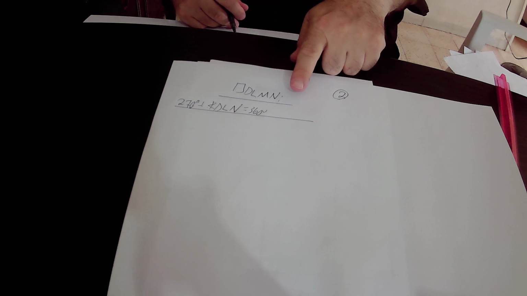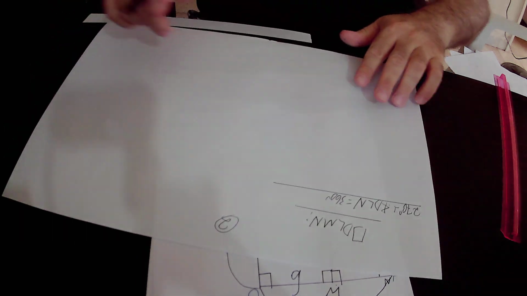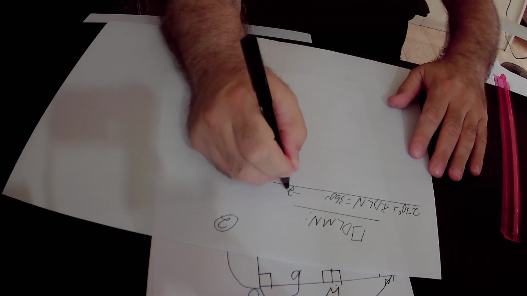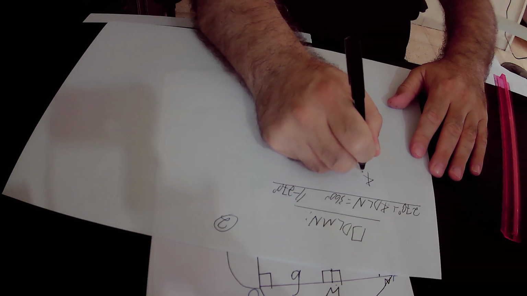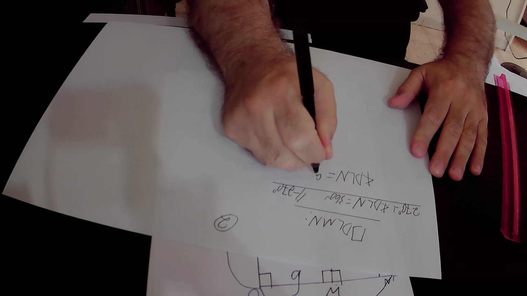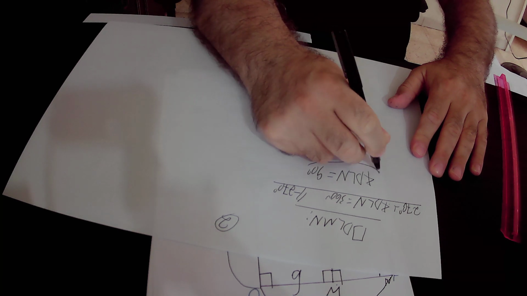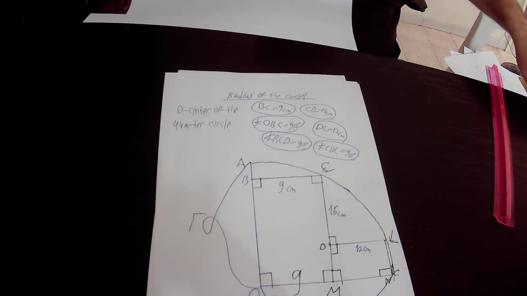Here we subtract 270 degrees from this equation, and you get that the missing angle DLN is equal to 360 degrees minus 270 degrees. It is equal to 90 degrees. So the missing angle is a right angle, equal to 90 degrees.